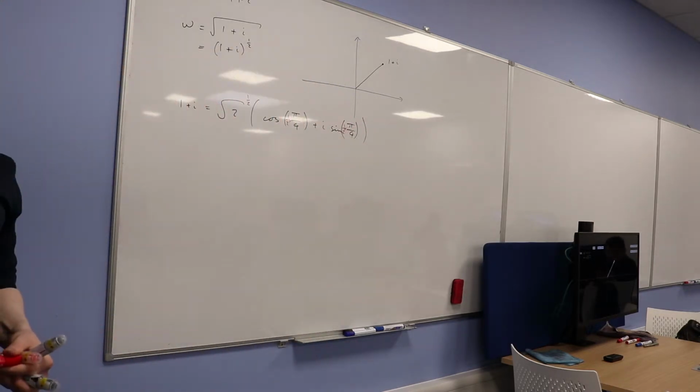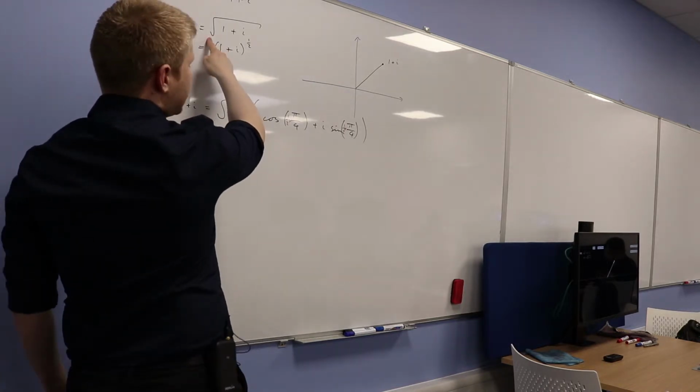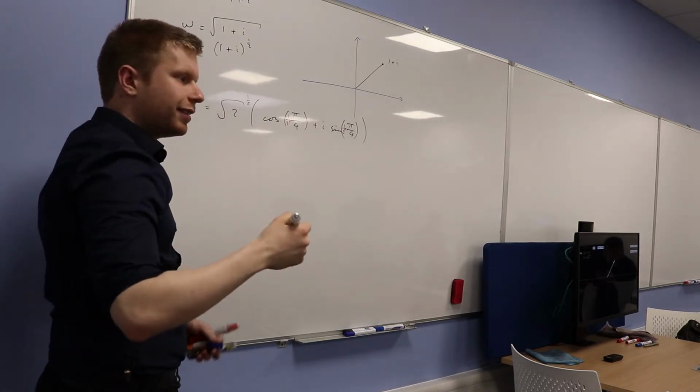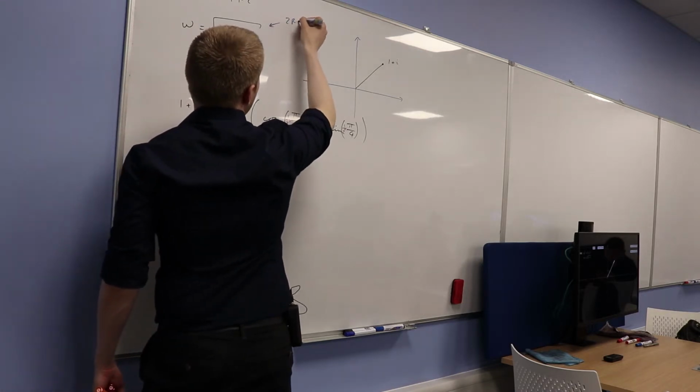That's just de Moivre's theorem being applied here. Is that okay? Now something a little bit more than this, because we're expecting how many roots with this? 2, good. So we are expecting 2 roots here.